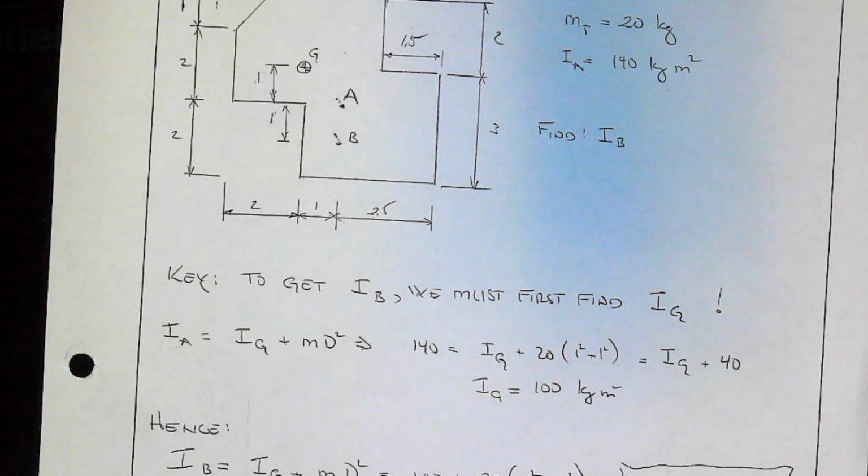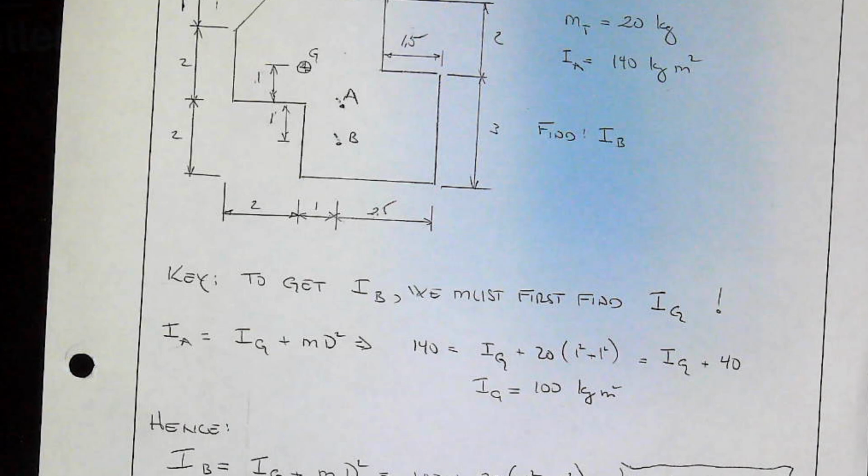So given this, we can go to any other axis for rotation. So this is the axis we care about. Start from the mass moment of inertia at G, and then plus mass times distance squared from this axis to that axis. Same equation. Okay?